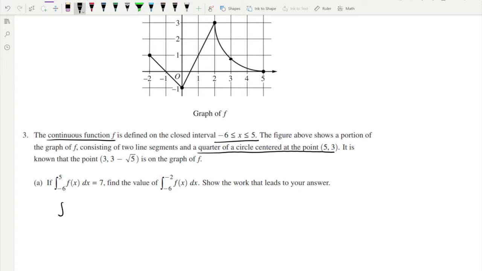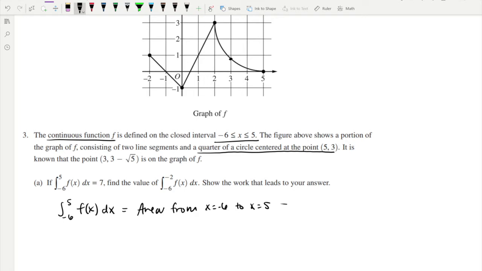And so this integral from -6 to 5 of f of x, well, we don't know what the function does from -6 to -2, but this is really the area from x equals -6 to x equals 5 between the function f and the x-axis, right?